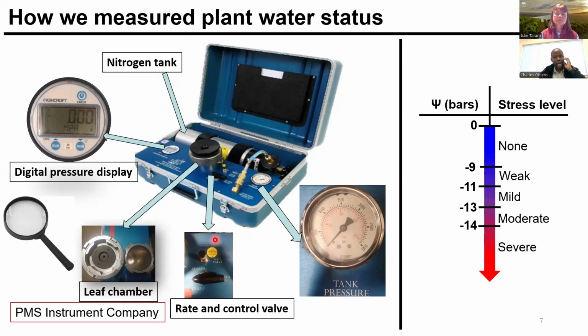Then we have the rate valve and the control valve, which are here. After putting the leaf in the leaf chamber, this is the leaf chamber, the leaf is bagged, the leaf petiole is inserted here, we close that, and then we observe from the end of the leaf petiole whether tiny droplets of water are coming out after pressurizing the leaf chamber.